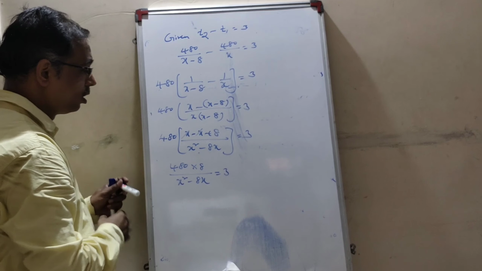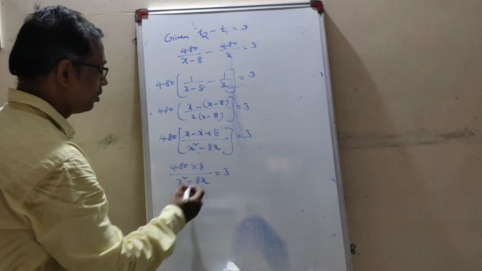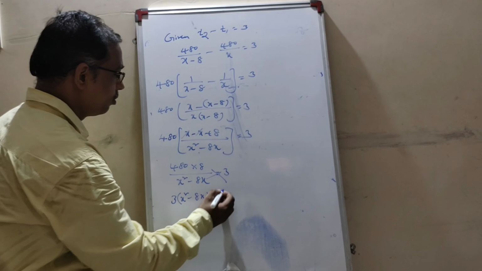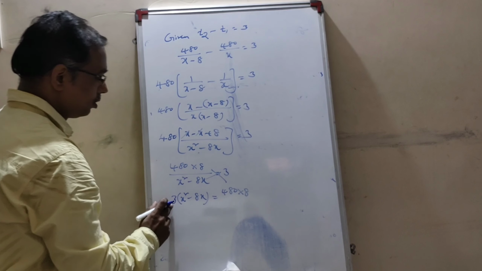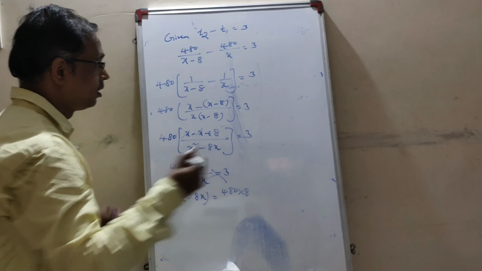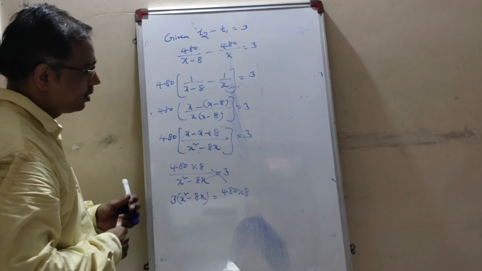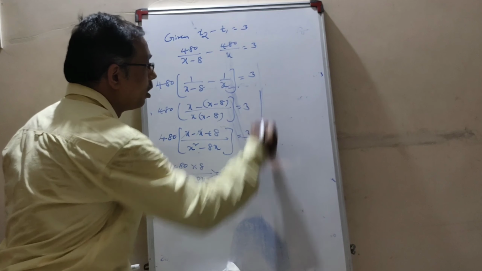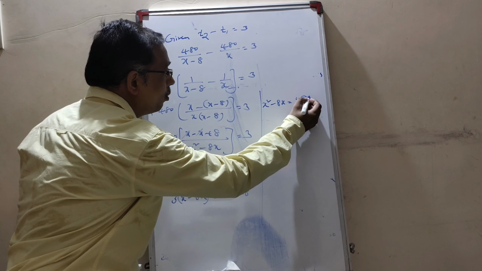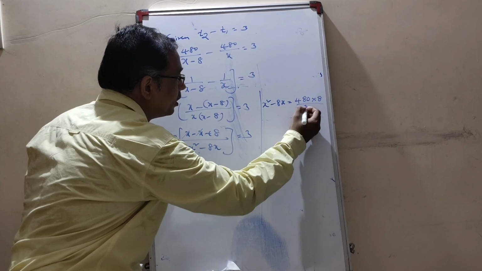Then 480 into 8. Otherwise you can write it by cross multiplication: 3 into x square minus 8x is equal to 480 into 8. So take this 3 to that side. To get easy calculation, here we can write x square minus 8x is equal to 480 into 8 by 3.